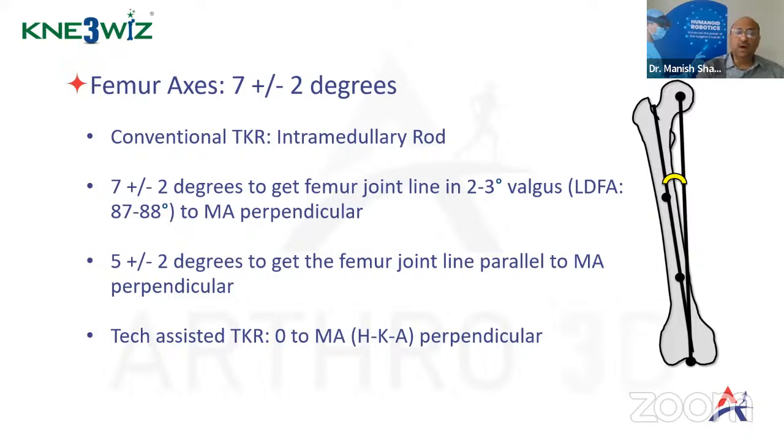If we want it in varus, it has to be less than 5. Of course, in technology-assisted TKR, we refer to all angles from the mechanical axis. And that is why we aim for either 0 or 2 to 3 degrees of valgus.